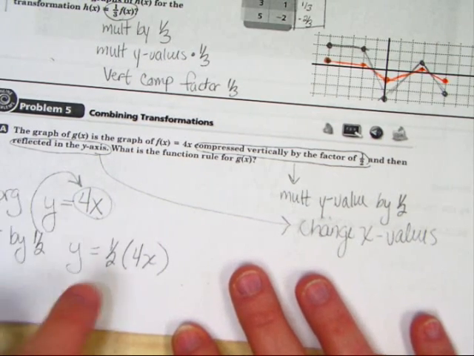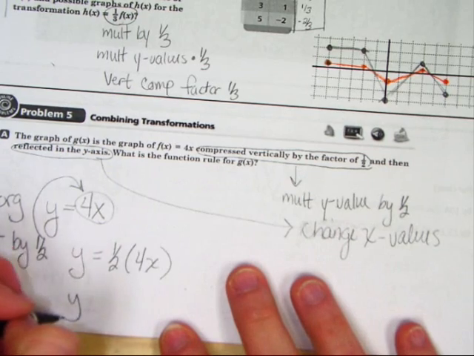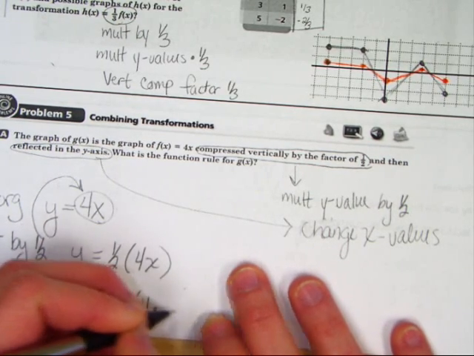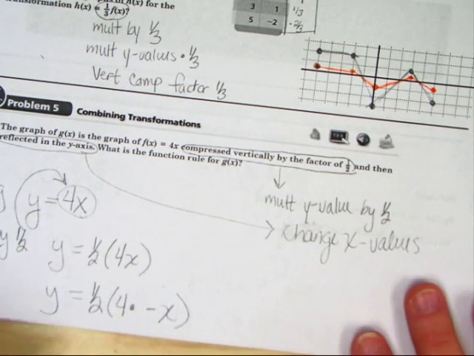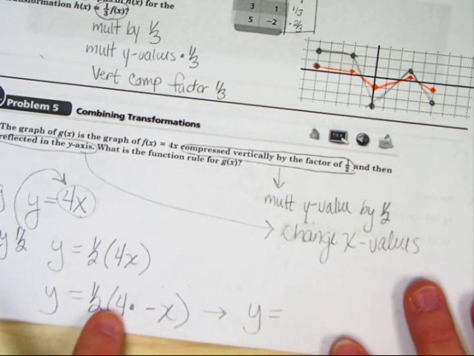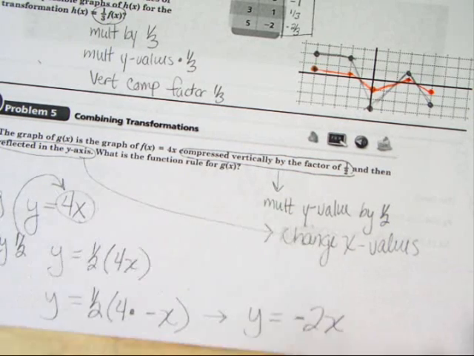So that's so far, and then we have to change the x values to show the reflection. So we do y equals 1/2 of 4 with a negative x now. So let's rewrite everything. y equals 1/2 of 4 is 2, with a negative sign makes minus 2x.